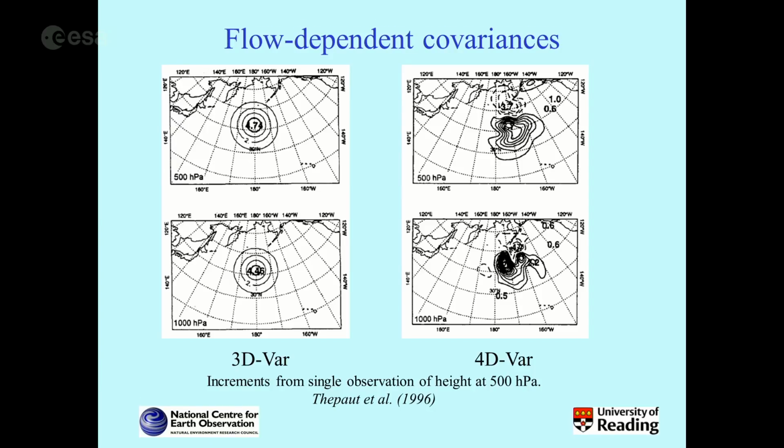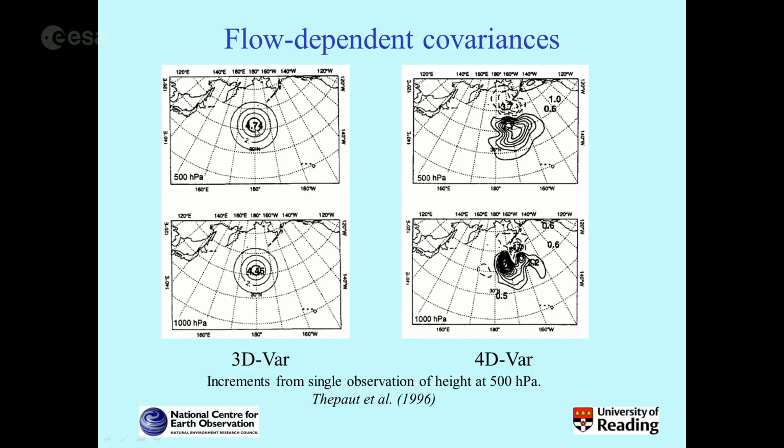Now, this is again weather prediction, and it is related to what happens with the P matrix or B matrix, which holds the covariances. What I didn't have time to go through in detail is that this really determines how observations at one point influence the field at different points. On the left, this is at the surface. We assimilated just one observation into a 3D-Var scheme at this point at 500 hectopascals.